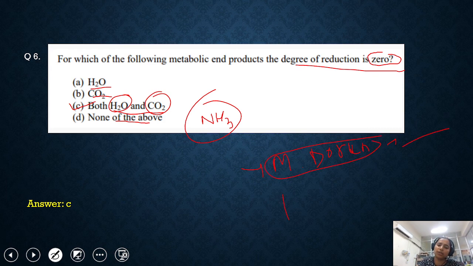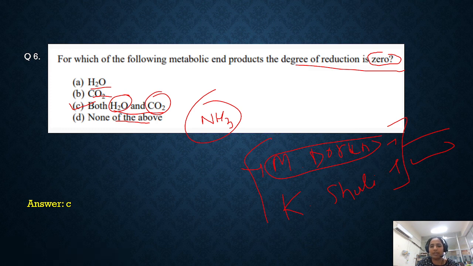One more book you can refer to is by Shuler and Kargi, also on bioprocess engineering. You can refer to these two books for this course. In them you can get details of all the things that I have discussed, and apart from this, all the things in your syllabus you can find in these books.